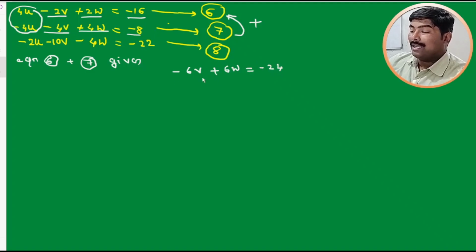If you take 6 common, dividing throughout by 6, we can also write it as minus v plus w is equal to minus 4, and say this is equation number 9.